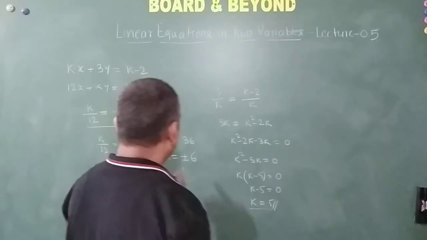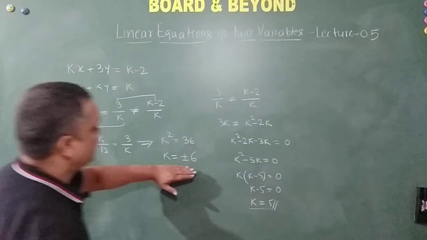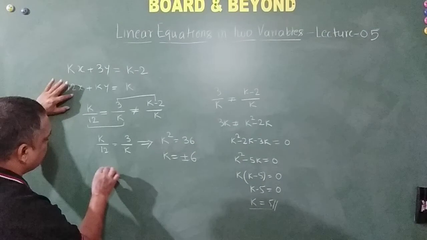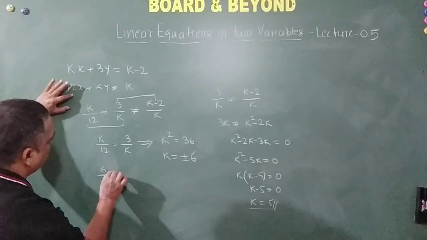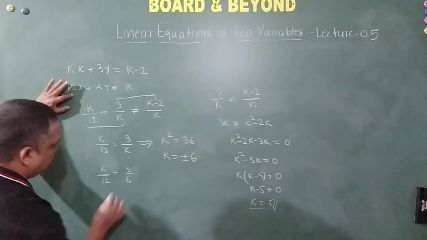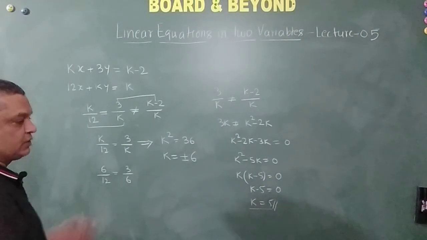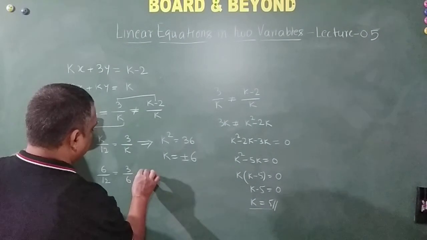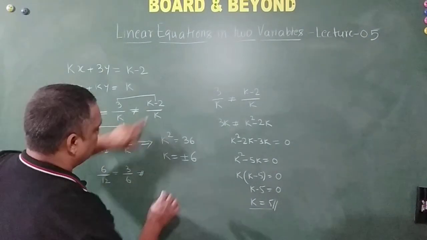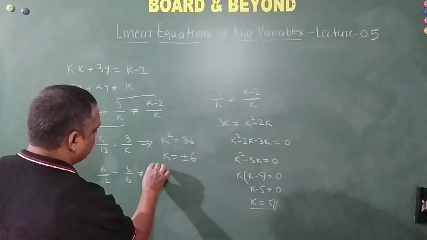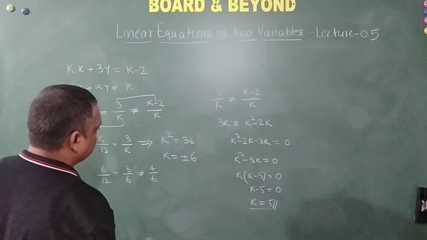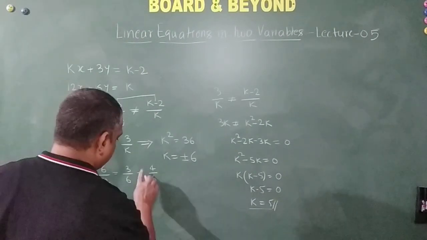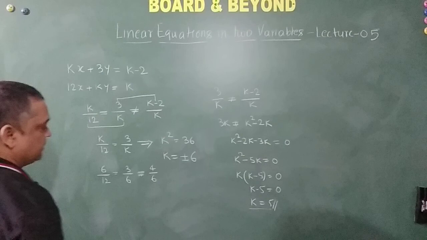So what happens is, let us say k becomes 6. So this becomes 6 by 12 is equal to 3 by 6. Both the fractions are half, right? Which is not equal to 6 minus 2, that is 4, divided by 6, which is 4 by 6, right?